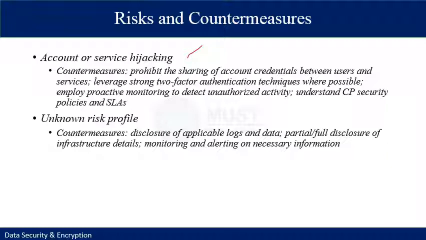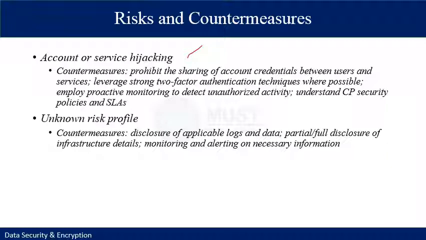For unknown risk profile in using cloud infrastructure, the client necessarily cedes control to the cloud provider on a number of issues that may affect the security. Therefore, the client must pay attention to and clearly define the roles and responsibilities involved in managing risks.